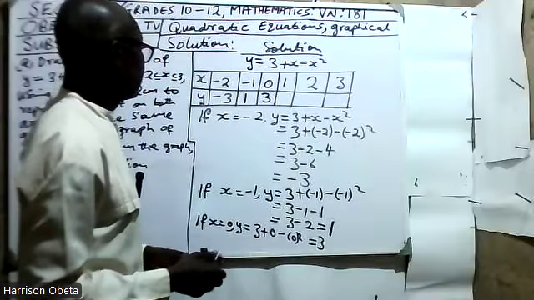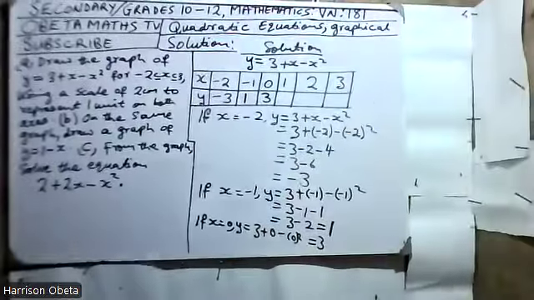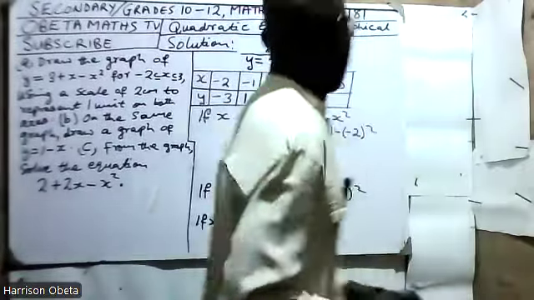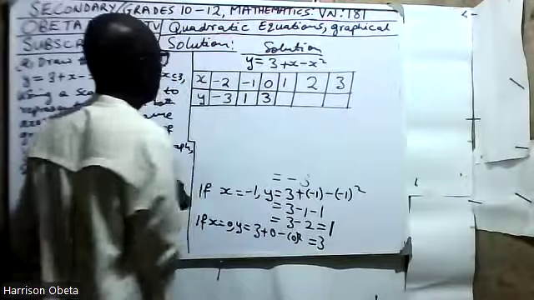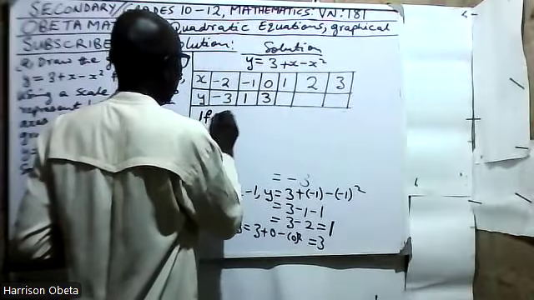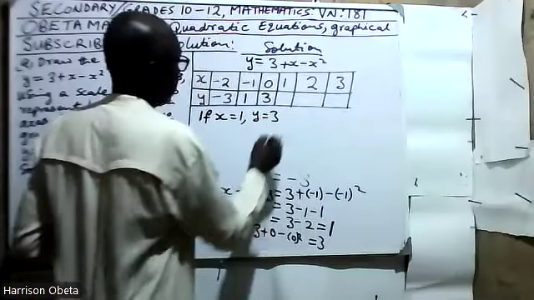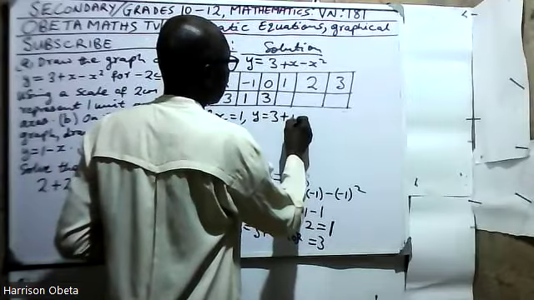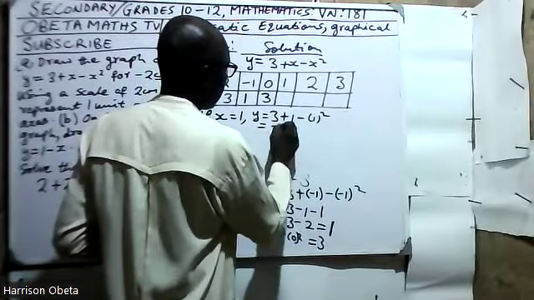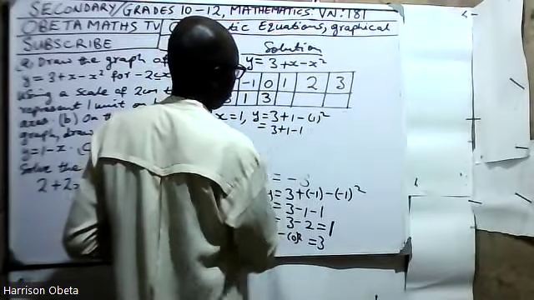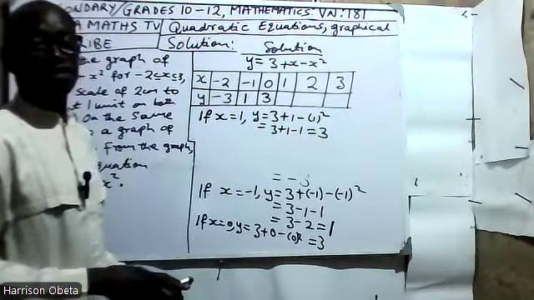Now we are going to pick 1. So we have to come up here and then continue. Now if x is equal to 1, y should be equal to 3 plus 1 minus 1 squared. And that will give us 3 plus 1 minus 1. Finally, that will give us 3, because 1 minus 1 is 0.